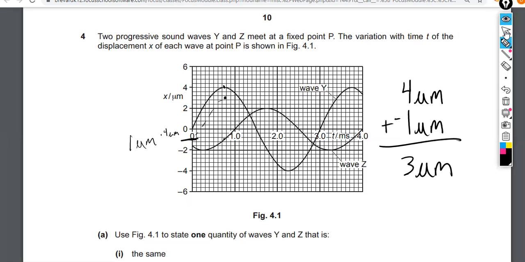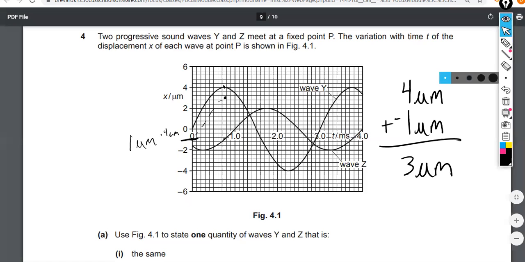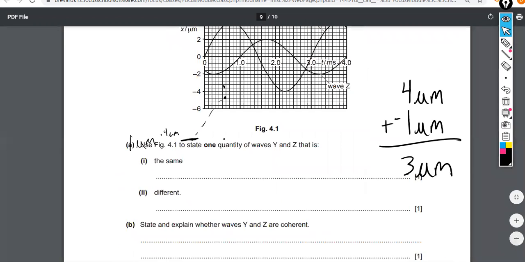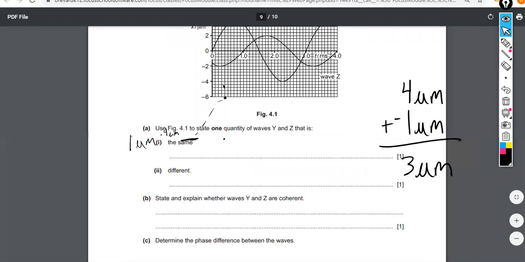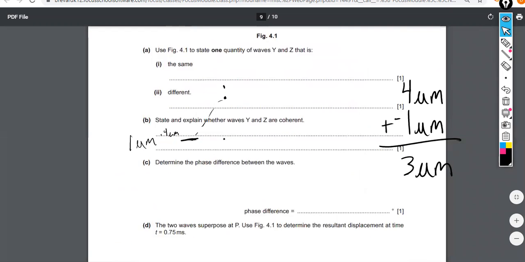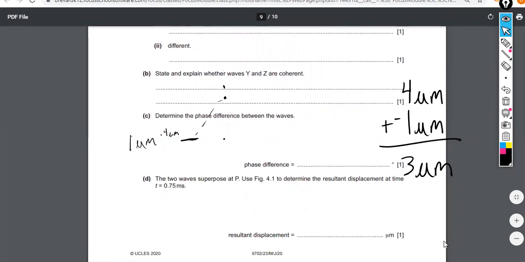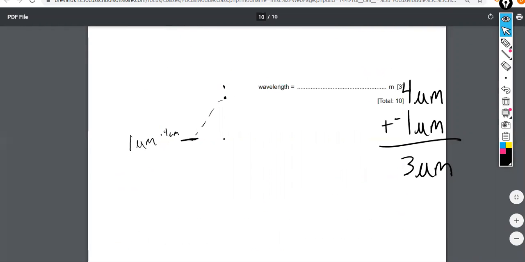With, as I've mentioned before, the Fourier transform. Very useful. So 3 micrometers, we don't need to convert that into meters. Don't get in the habit of scratching that out and putting in light years or something like that. How many light years is 3 micrometers?